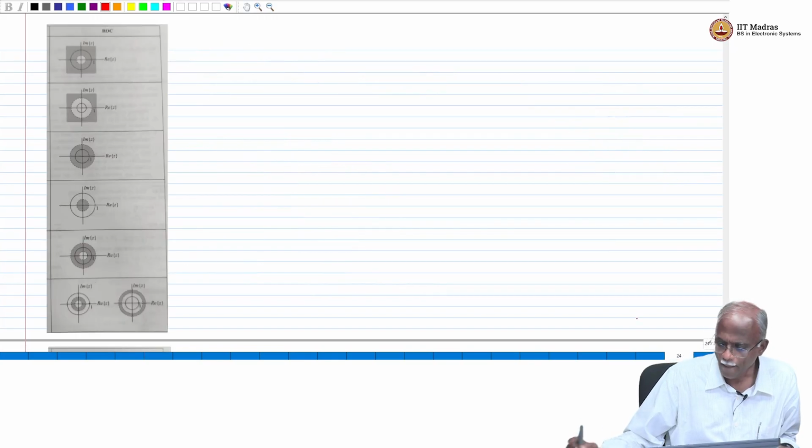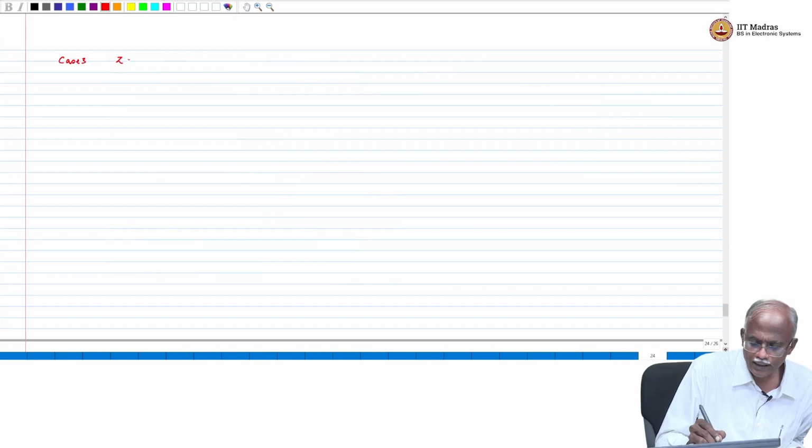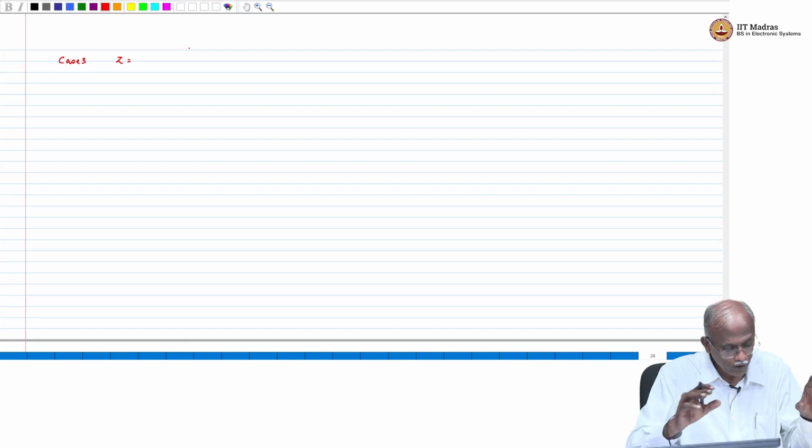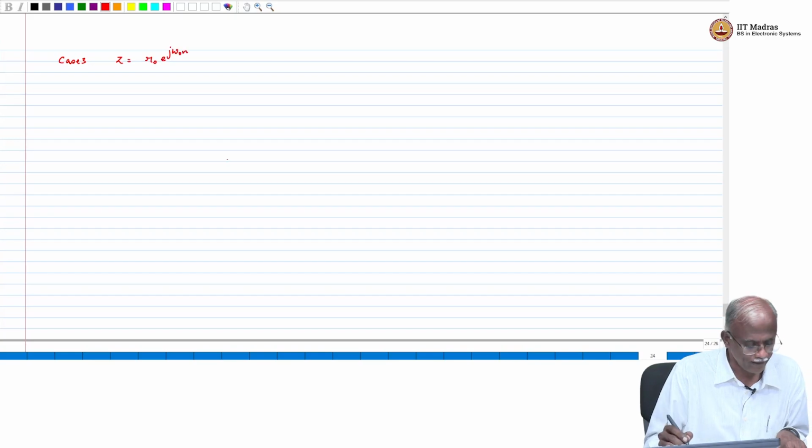Okay, case 3, very important. Case 3, z is equal to the most general form. It's not only r, not only omega naught. It is r naught e power j omega naught n.